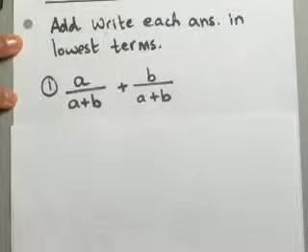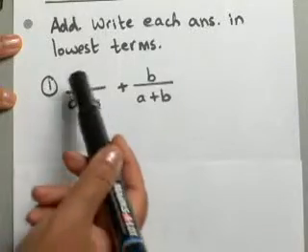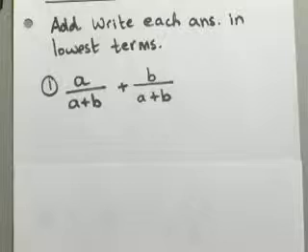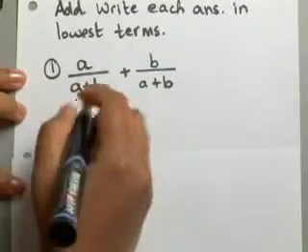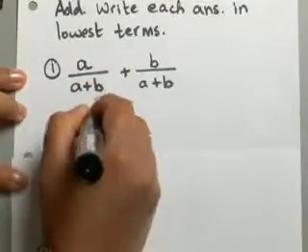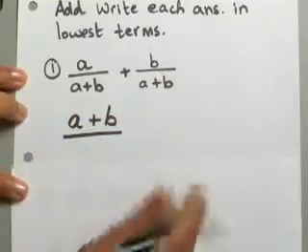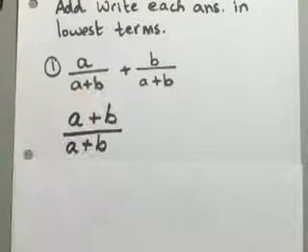Now just like our definition said, when you have the same denominator, all you have to do is add the two numerators and keep the same denominator. So here we will go ahead and add our numerators, which will give us a plus b, and you will keep your common denominator, which is the same a plus b.